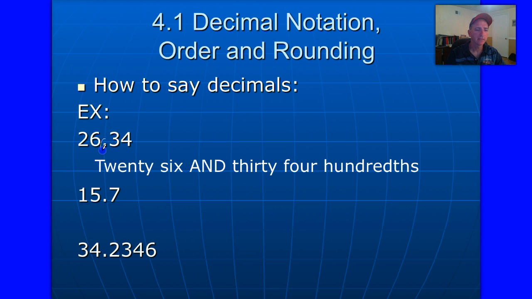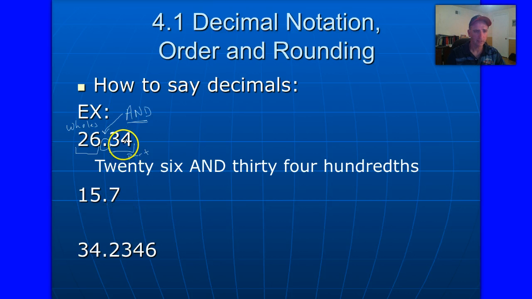Basically, when you correctly say a number, you never say the word and unless you're referring to the decimal point. Okay, because you have wholes, those numbers are all the wholes, and the decimals are basically less than 1. It's a part of a whole. Okay, so it's like $26.34, or 26 and 34 hundredths, excuse me.